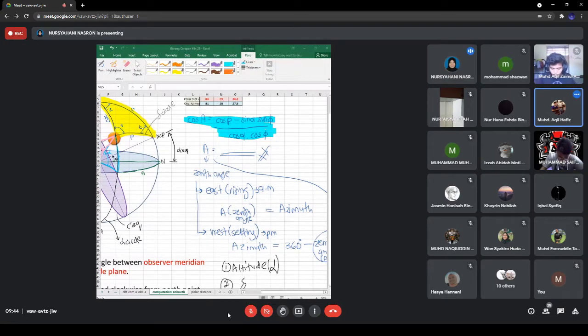Madam, boleh tengok tak formula yang mean grid bearing RO tu? Mean grid bearing RO untuk solar observation.